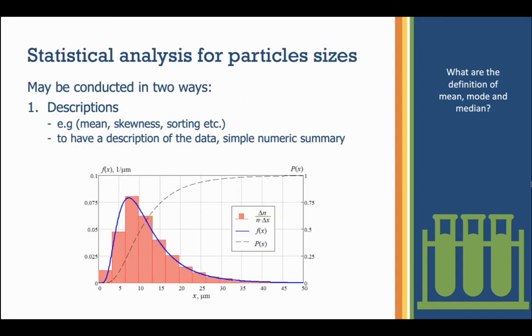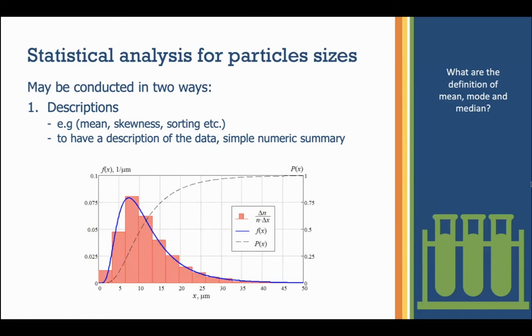Statistical analysis may be conducted in two ways. Number one is via description. Description is very straightforward. We will describe the mean, mode, and median. We describe the sorting of the particles, and from here we will have a brief idea, or a general idea, of the character of the particles that we have.